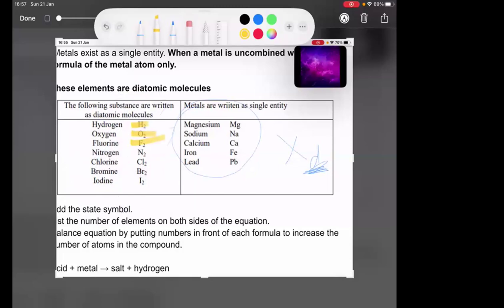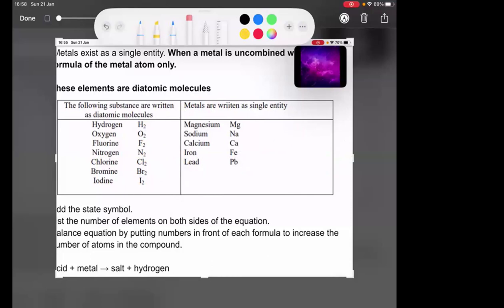It's two fluorine atoms sharing a pair of electrons that makes the fluorine molecule. Nitrogen shares three pairs of electrons with another nitrogen atom in order to become stable. So because two nitrogen atoms are sharing, we have N2. Chlorine shares a pair of electrons with chlorine, so it becomes Cl2. Br shares an electron with Br, so it becomes Br2. I shares an electron with I, so it becomes I2. Is that clear?